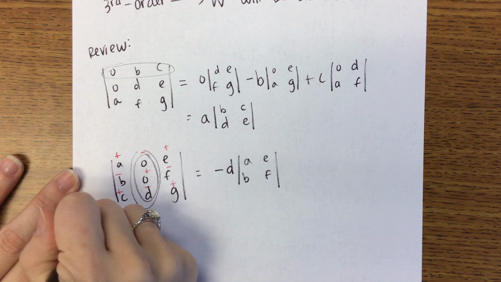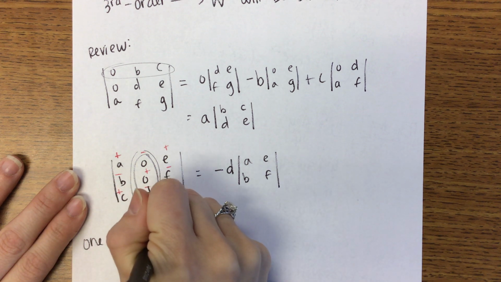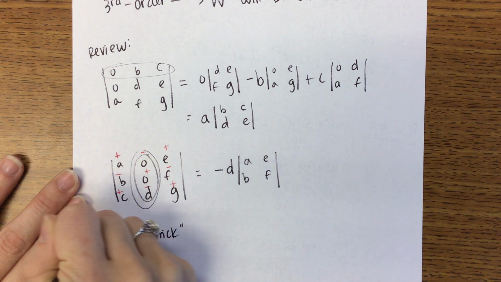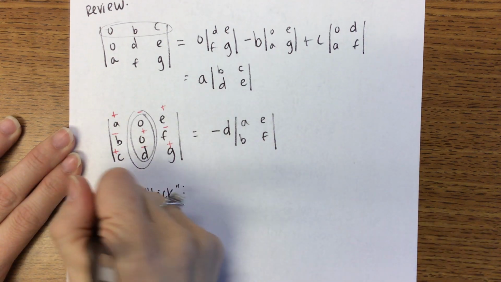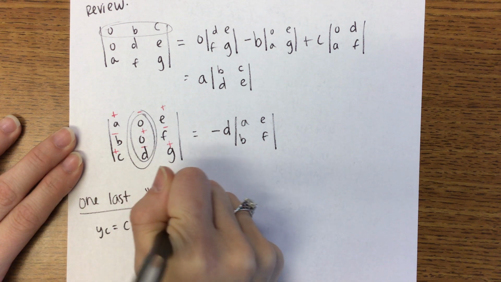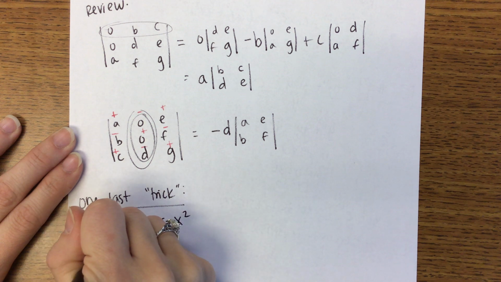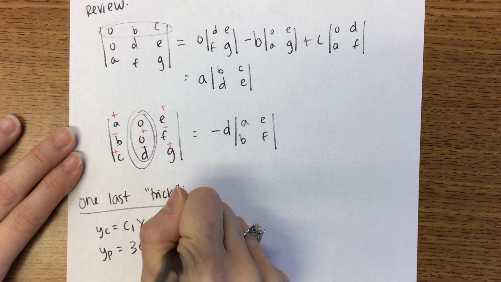One last thing I want to show you. It's not really a trick, but I don't think it's super intuitive. Let's say that your complementary solution is c1x plus c2x squared, and your particular solution is 3e to the x minus 2x.